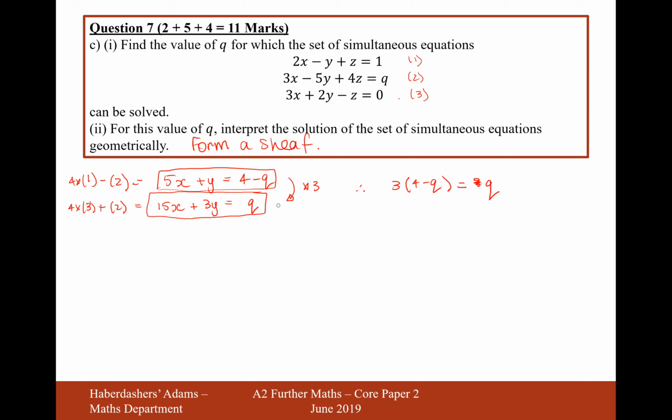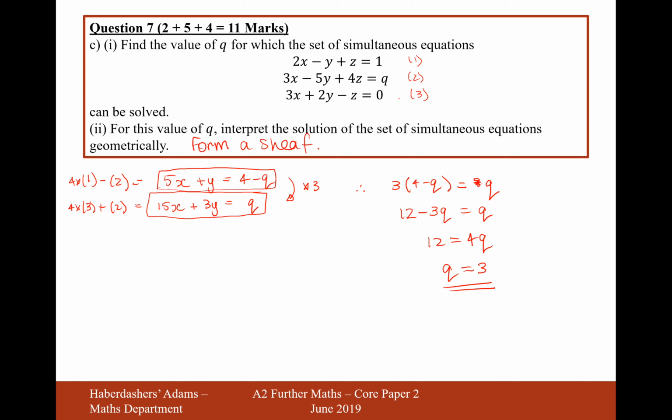They're just a scale factor away from each other, where if you times the top one by 3, you get the bottom one. And that must be the same for the number on the end. So that's going to make 12 minus 3q equals q, so 12 equals 4q when you add the 3q onto the other side, so therefore q equals 3.